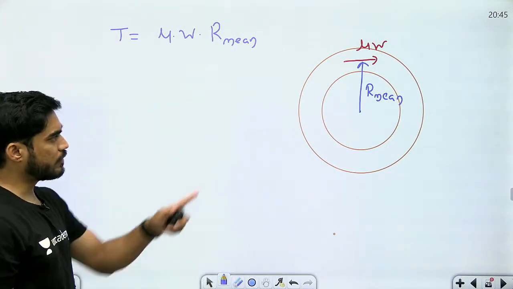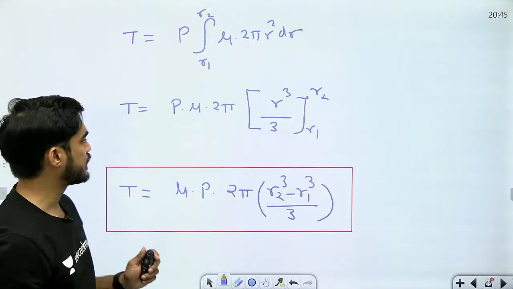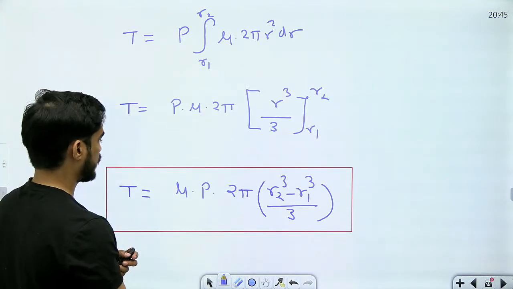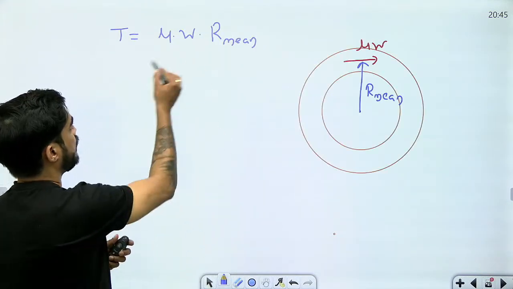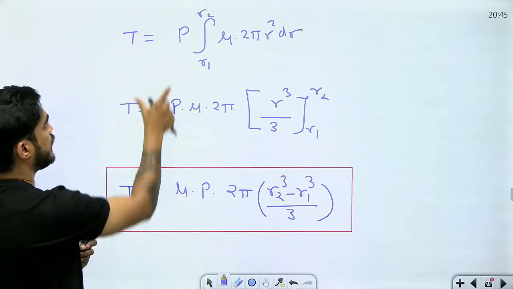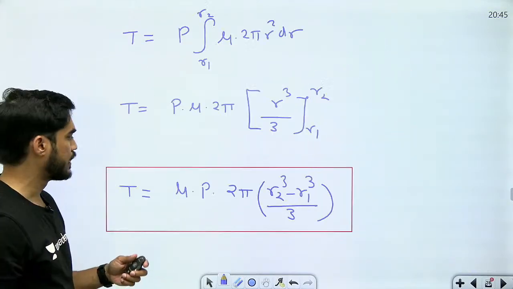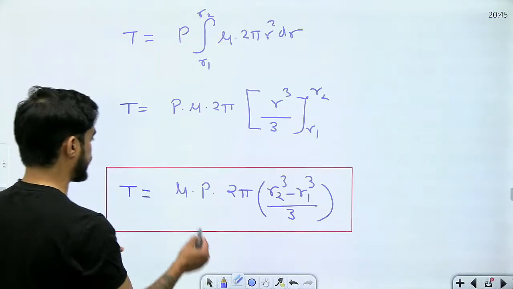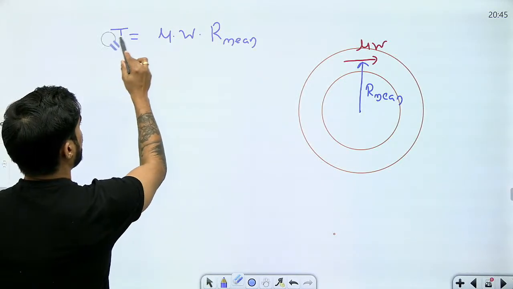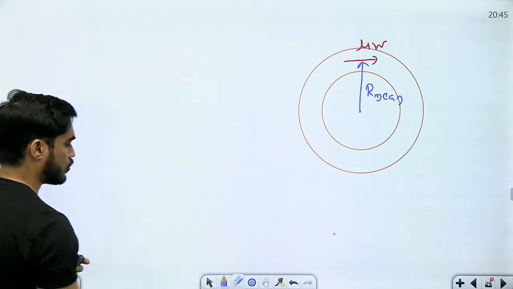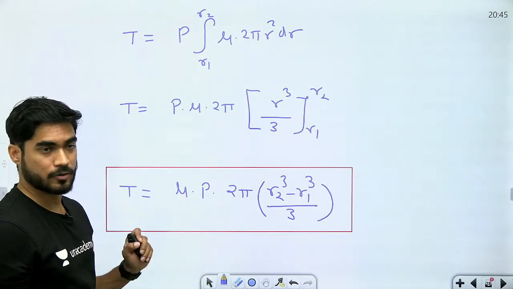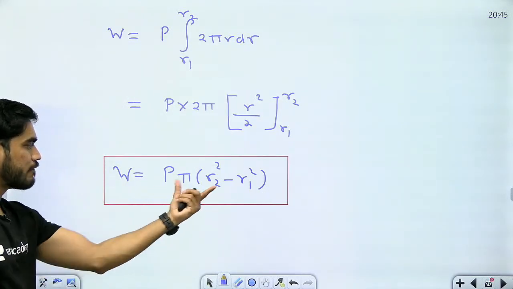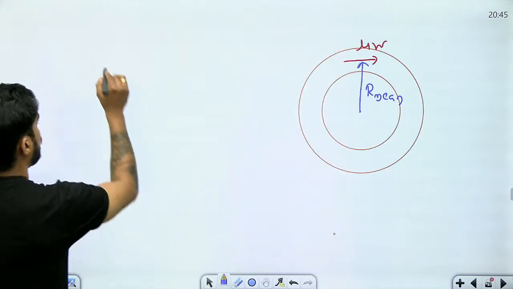Okay, so what will be this R mean? Mean radius. If you compare this relation and this relation, if you convert this relation into this relation, then you will get R mean. Understand beta, in order to convert this into this, I will have to write P in terms of W. P will be equal to W divided by pi into R2 square minus R1 square, right?